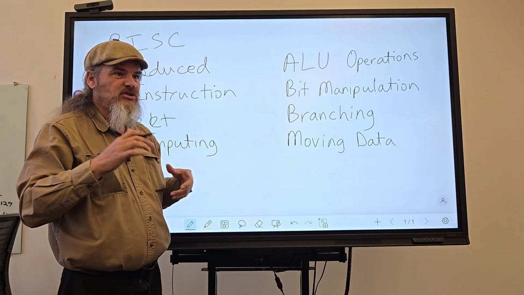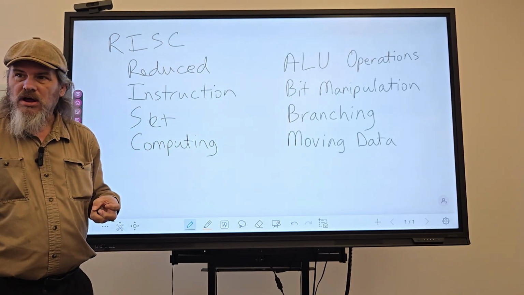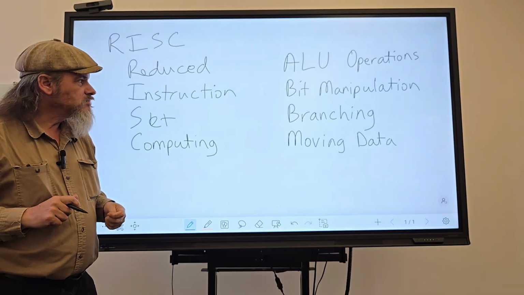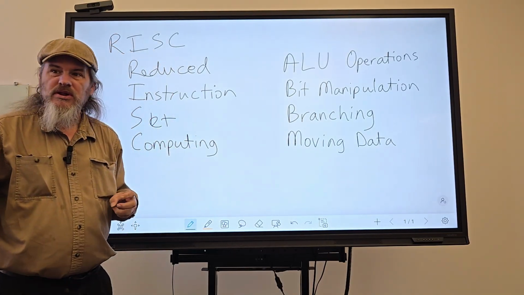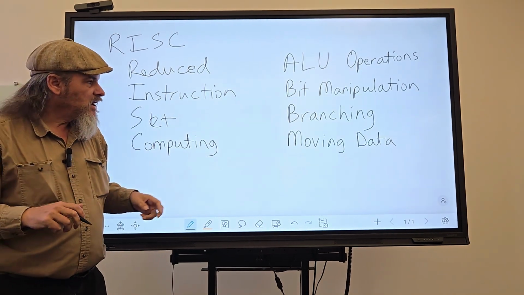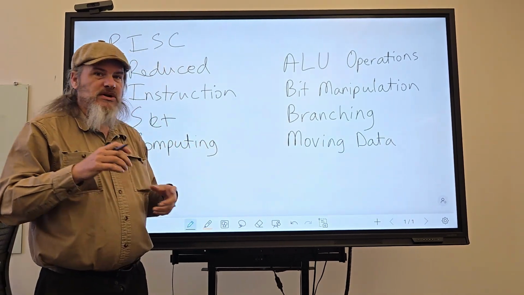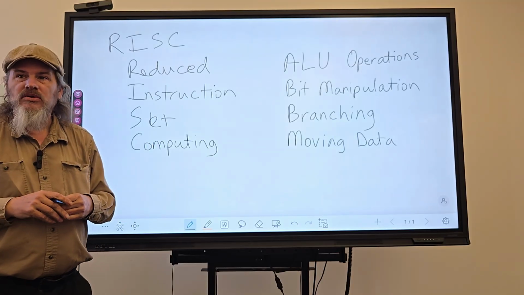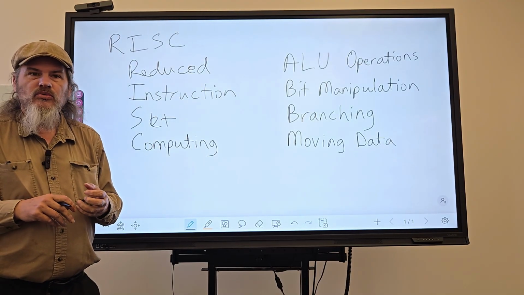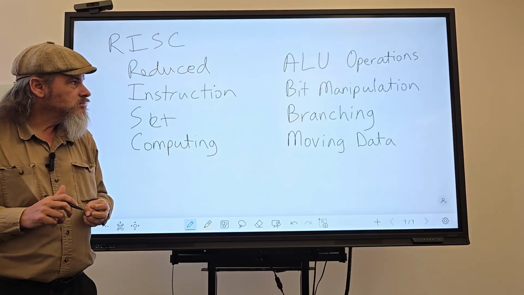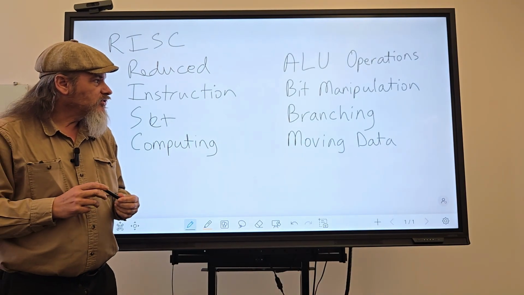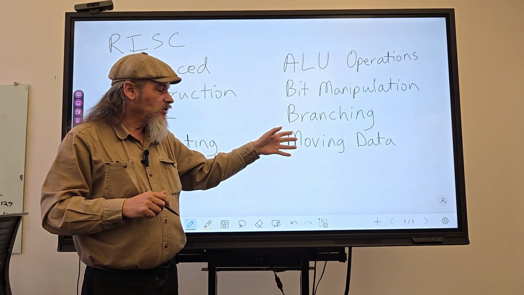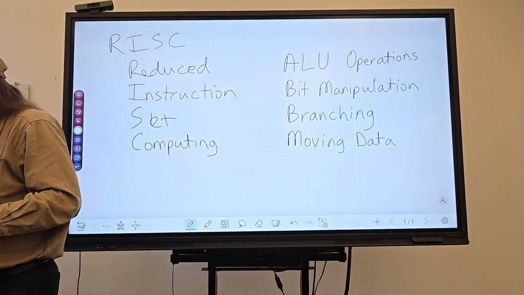Bit manipulation is changing the bits in a register individually. Branching is jumping from one point in the program to another. And moving data, whether it's between registers or in memory space or one of the I/O registers. So all the instructions fall into one of those 4 categories.